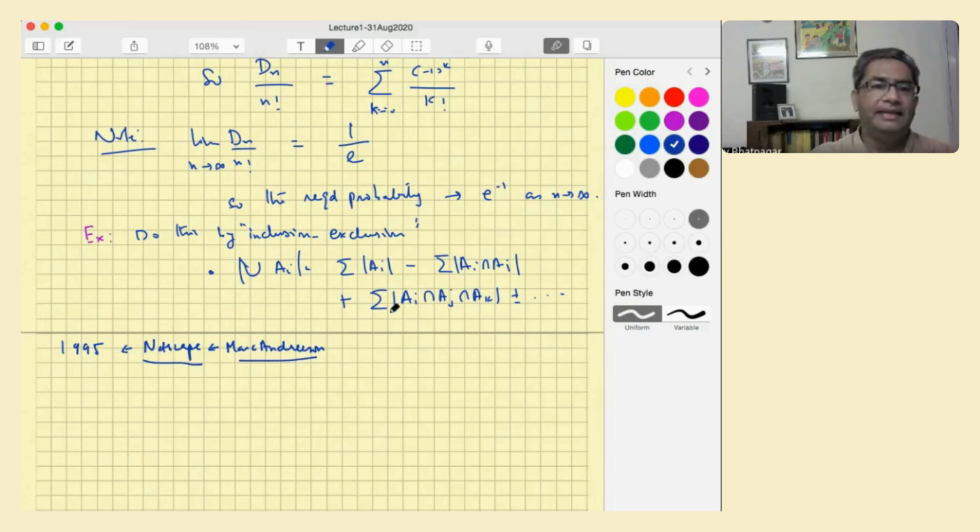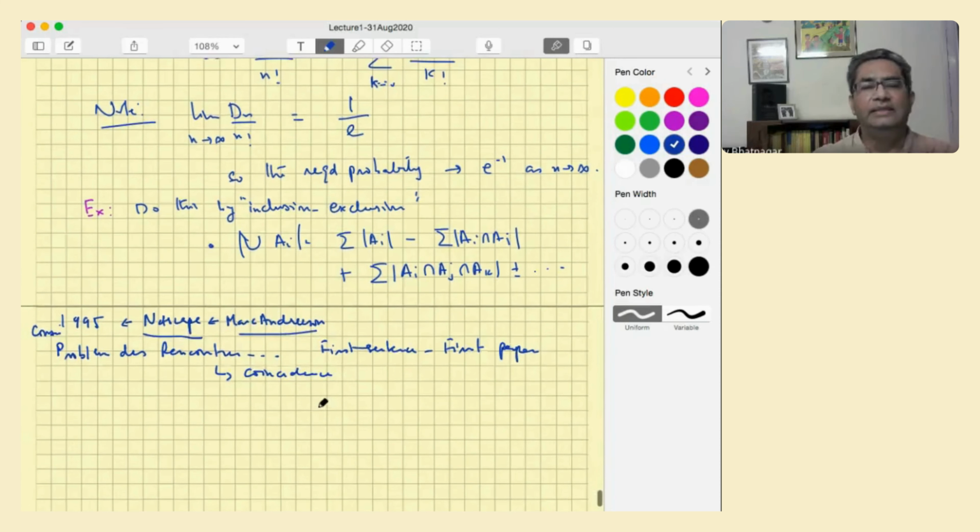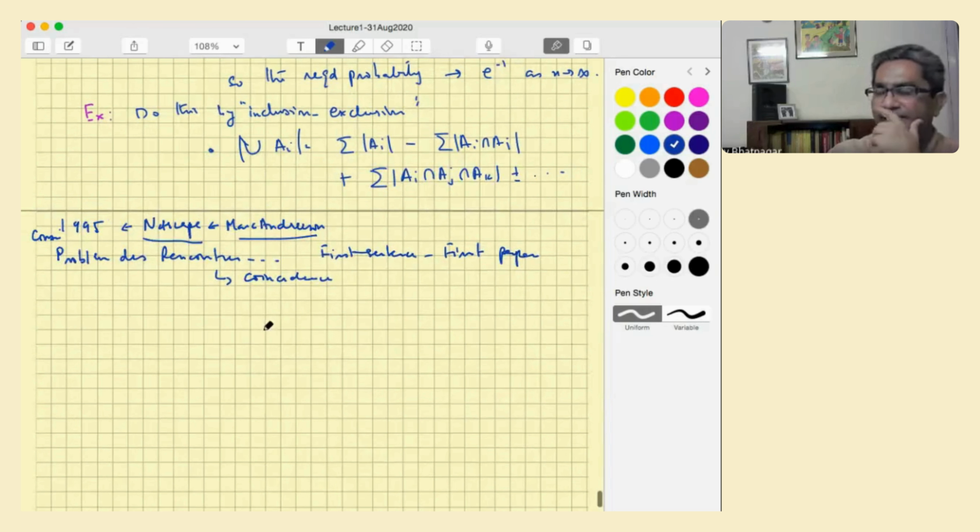And my first paper had come out, and the first sentence was, consider the problem of rencontre, exactly as I told. This was the first sentence of my first paper. A coincidence. Then my daughter was born, and a friend of mine said there is this website where you can check if there are any mathematicians who were born on the same day.